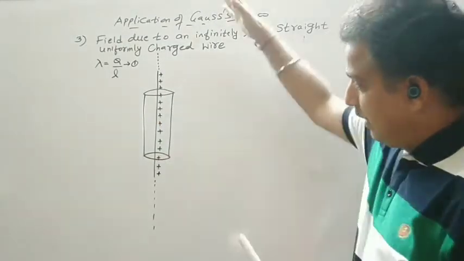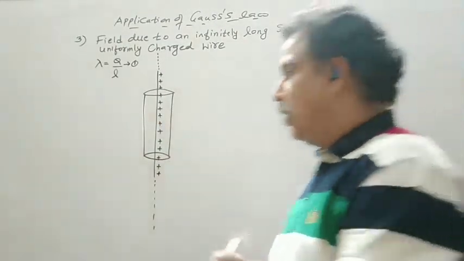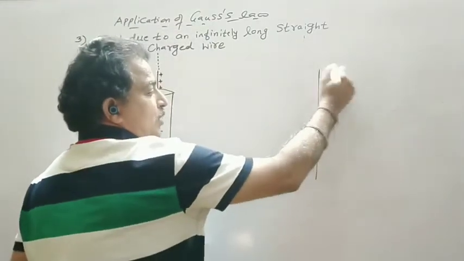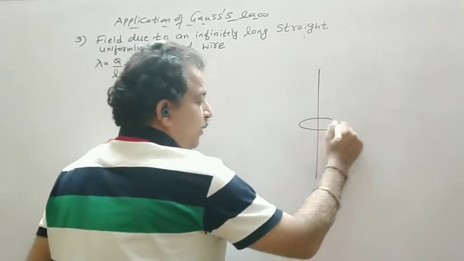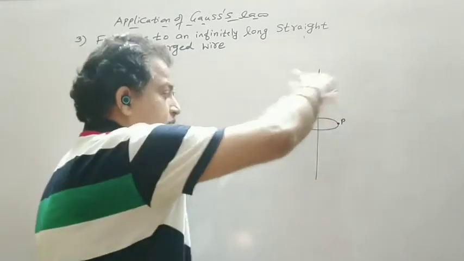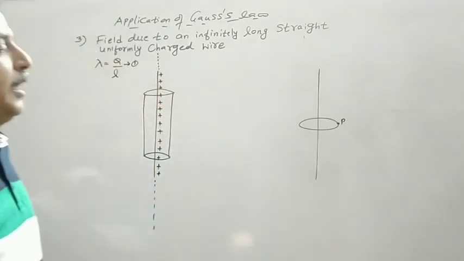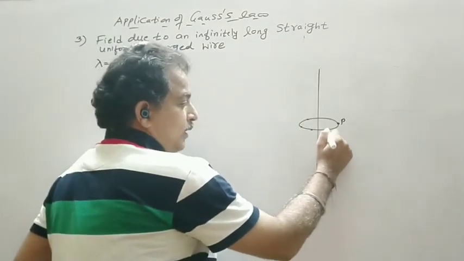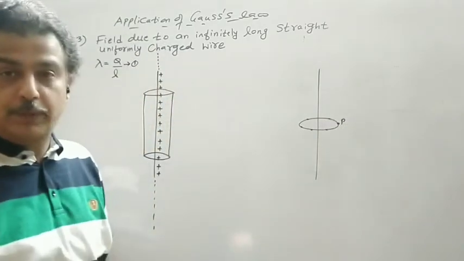So I have to cover the entire wire. So how will I cover the entire wire? This is the wire which is uniformly charged. This was the point P, the first diagram which we have drawn. We take a rotation. So the electric field intensity at each and every point on this cross section comes out to be the same.